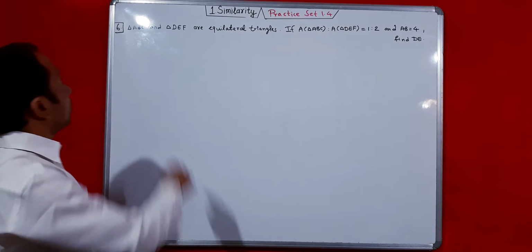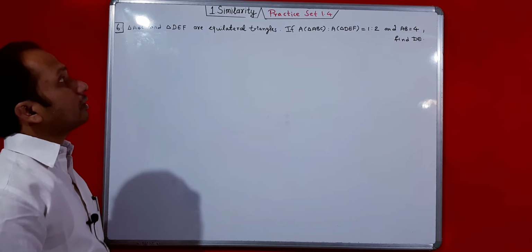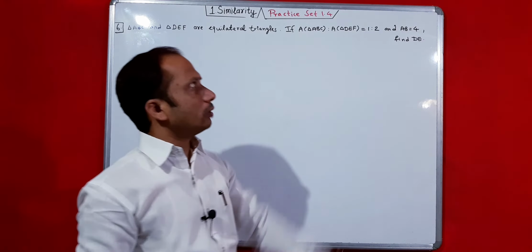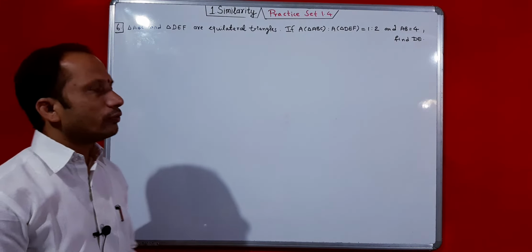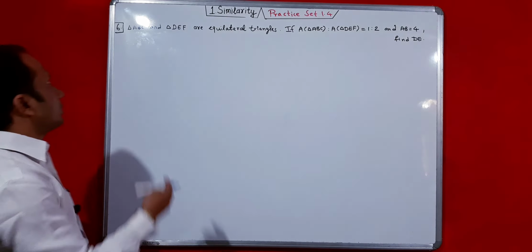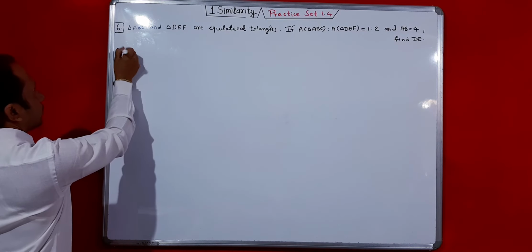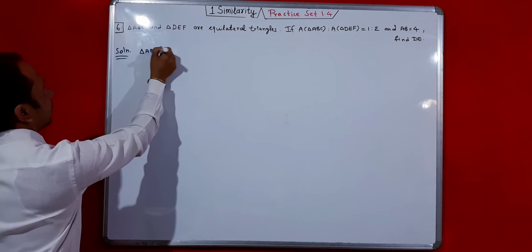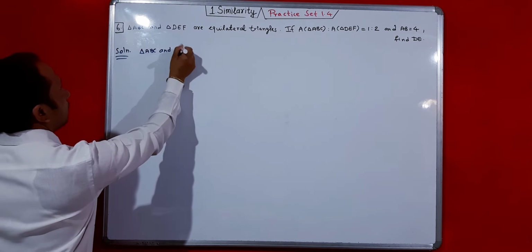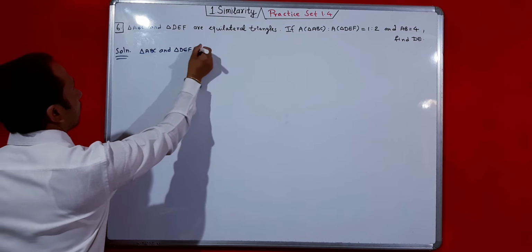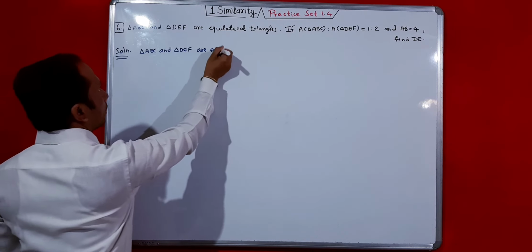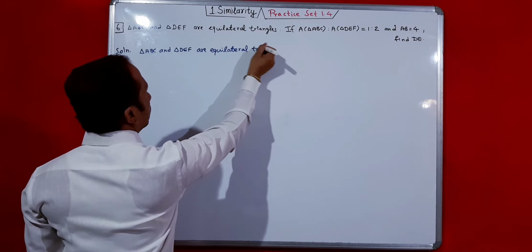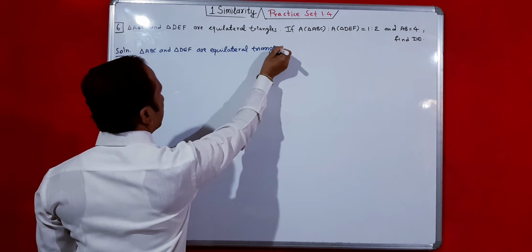In this problem, triangle ABC and triangle DEF are equilateral triangles. If the area of triangle ABC upon the area of triangle DEF is equal to 1 by 2 and AB is equal to 4, then find DE. So first I will write the given: triangle ABC and triangle DEF are equilateral triangles.